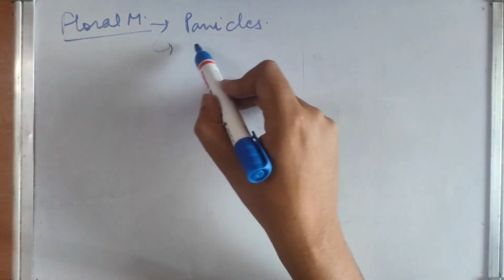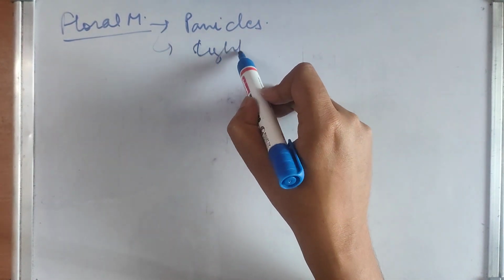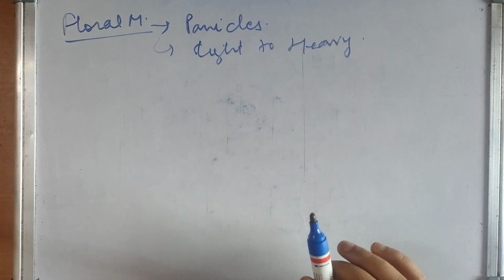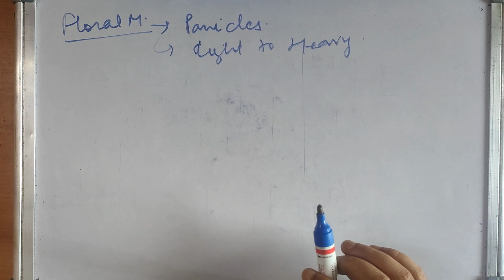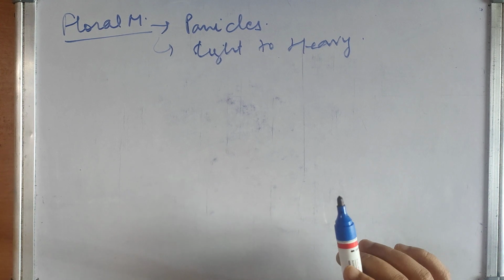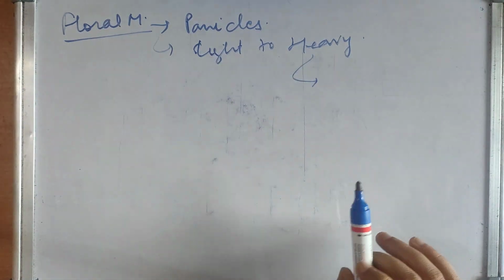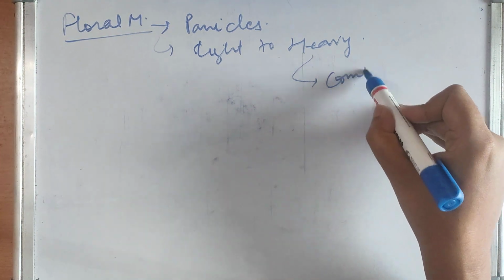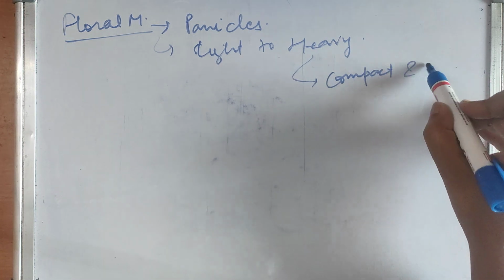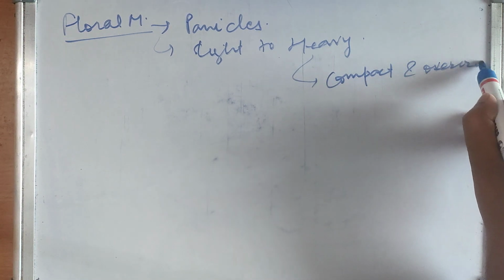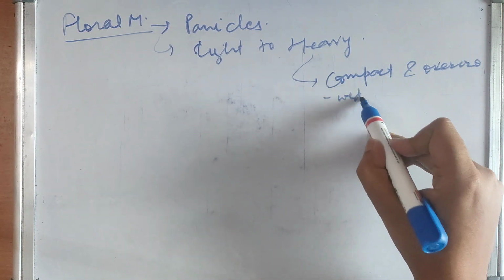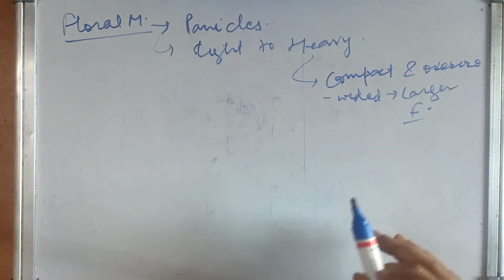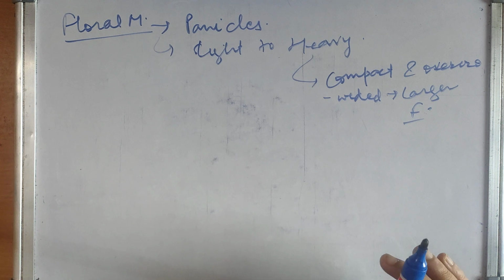Heavily malformed panicles are compact and overcrowded due to larger flowers. They have larger flowers, that's why they are compact and overcrowded.